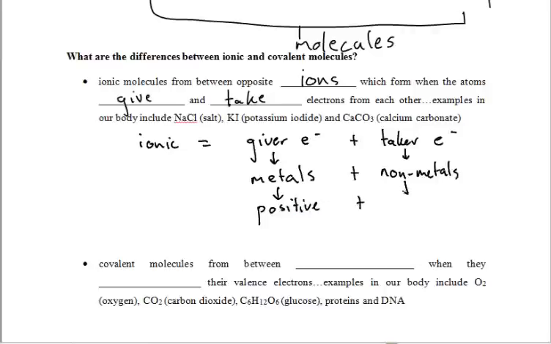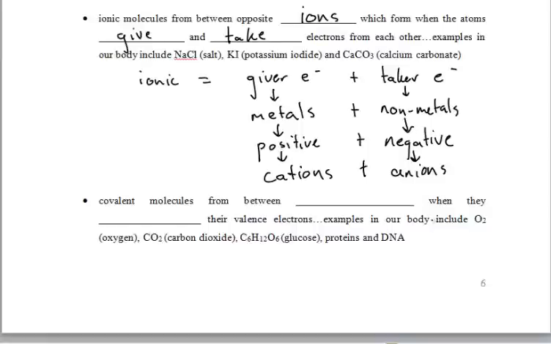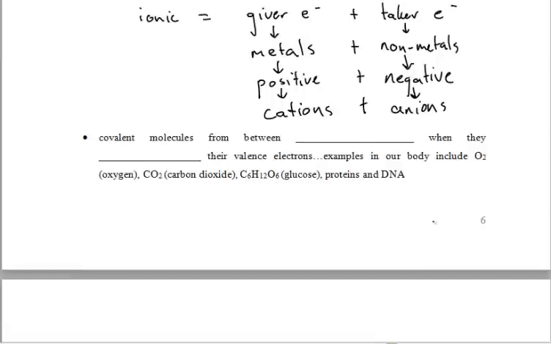And when you take, you become negative, so negative ions. And positive are more accurately called cations, and negative are more accurately called anions. So you can see ionic compounds defined in these different ways. Something that forms between metals and nonmetals, positives and negatives, cations and anions.